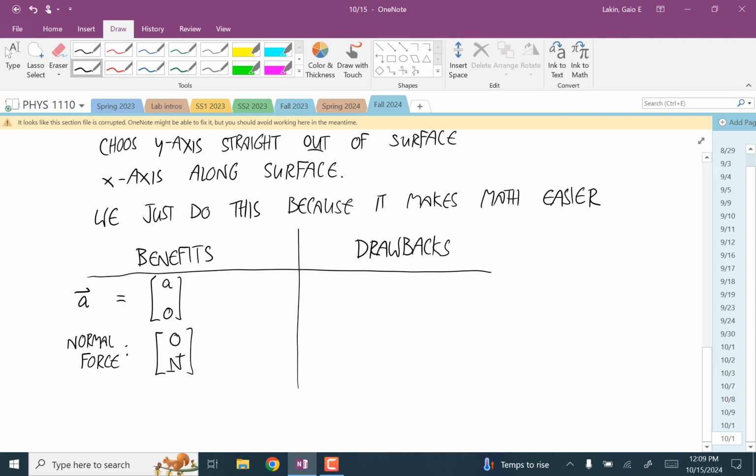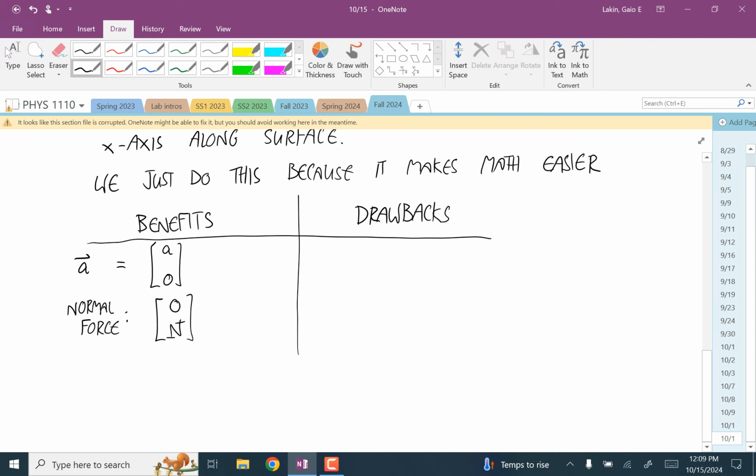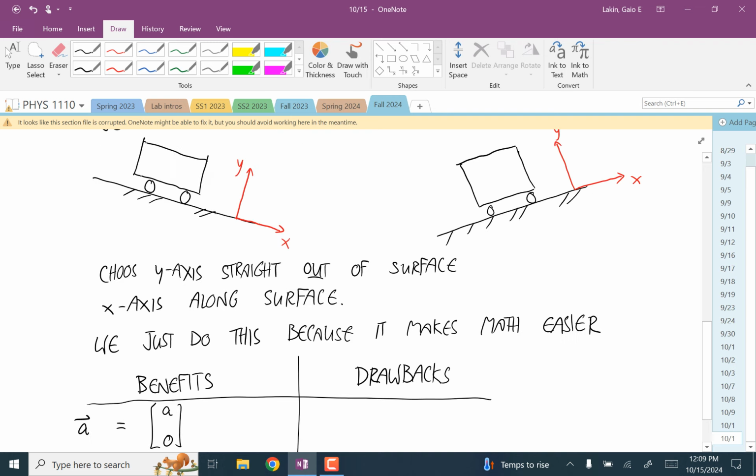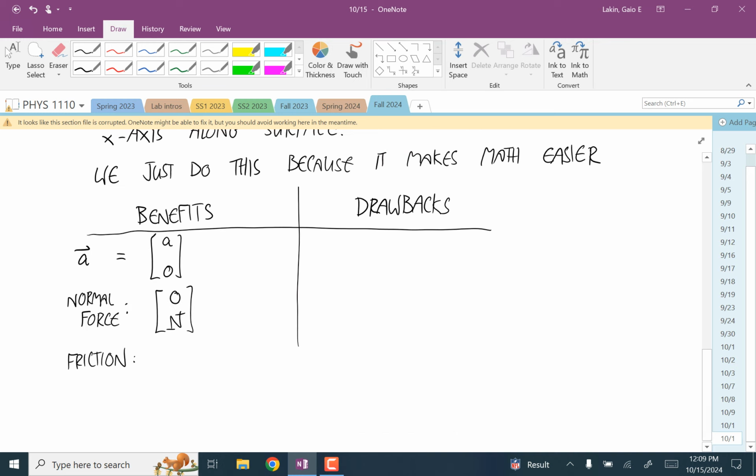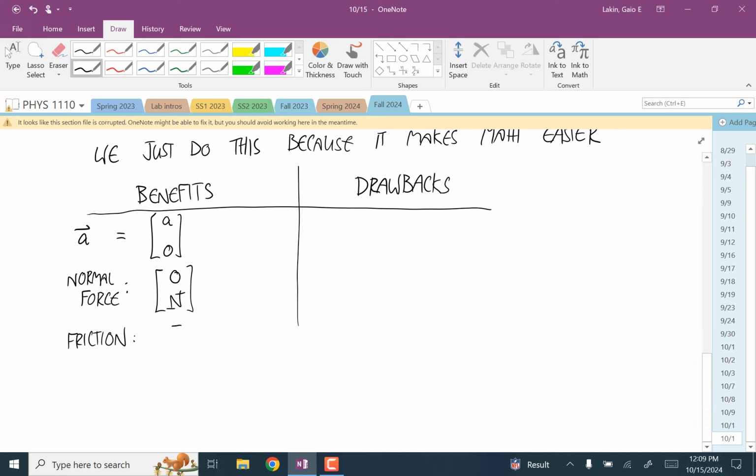And then the friction force in problems where there's friction, that's always going to be parallel to the surface. With the rotated coordinate system, that means it's going to be either in the positive or negative x direction. So the friction force is going to be plus or minus the coefficient of friction times the normal in the x direction and 0 in the y direction.